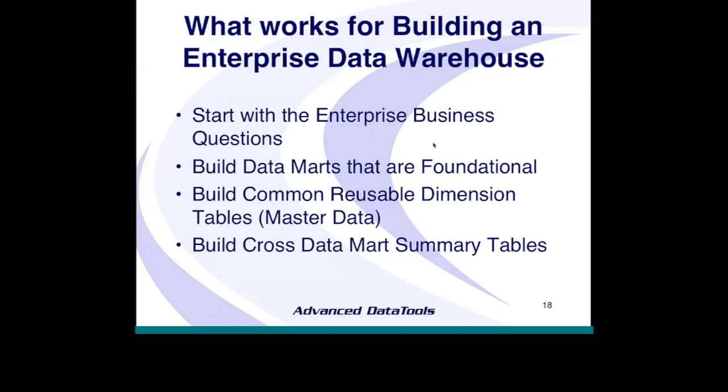And then the fourth thing is to have cross-data mart summary tables. And what you'll end up with is data marts with different kinds of data, and the data will be at different grains. So you can't just directly compare data from one data mart to another if they're at different grains. But if you build a cross-data mart summary table, you can take the data from one data mart and compare it to another very successfully and make sensible decisions out of that.